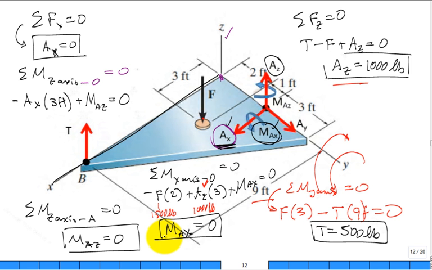Okay. So, are we done with this problem, or do we have one more to solve for? Which one do we need to solve for? AY? All right. How do we solve for AY? Sum of the forces in the Y. And when we do the sum of the forces in the Y must equal to 0 for equilibrium, we conclude that AY is equal to.